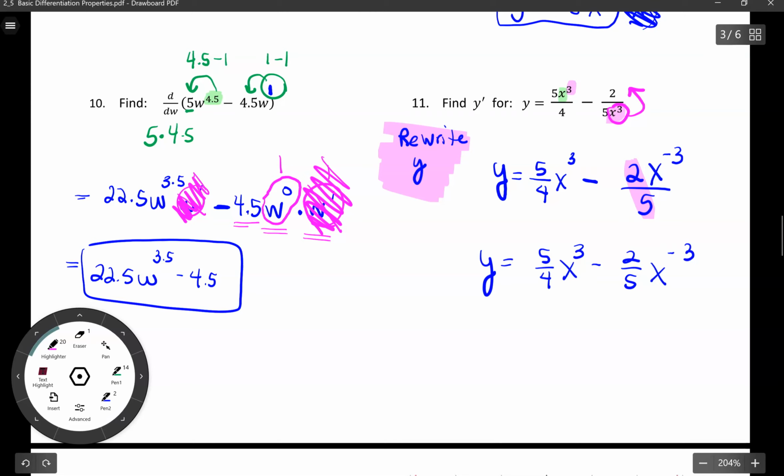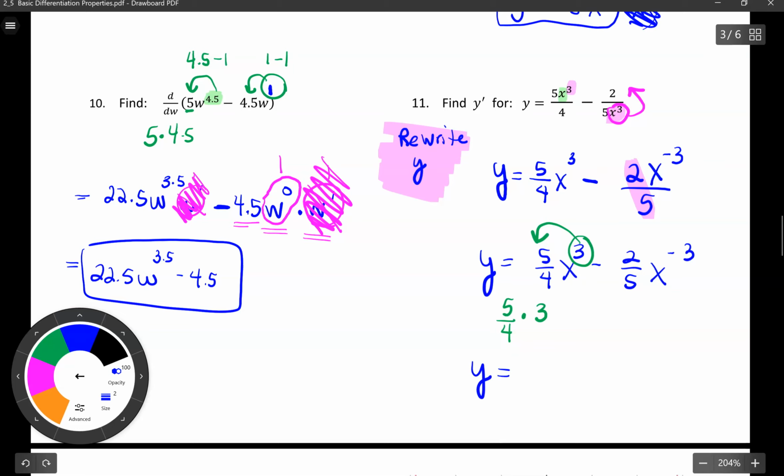So then the calculus says, drop the exponent down to the front. As awful as it is, you're going to do 5/4 times 3. And just a heads up, I think my MATLAB makes you put that as a fraction. Keep it as a fraction. I don't think it lets you put a decimal. I could be wrong. Luckily, it's a pretty decimal.